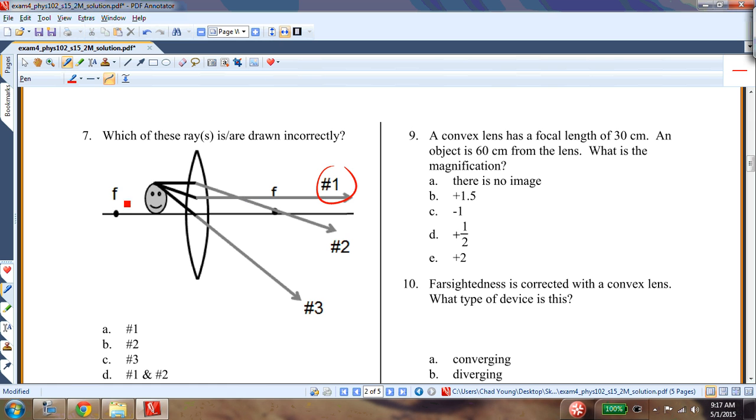The way ray number 1 should look is that I should have a ray that comes up here and then goes parallel to the axis through the focal point. But that's not how ray number 1 is drawn. Number 2 is correct, parallel to the axis and through the focal point, and number 3 is straight through the lens. So number 1 is the right answer, A.